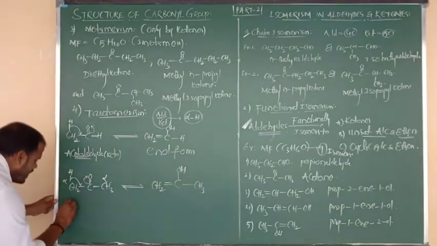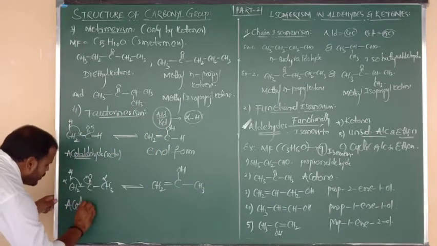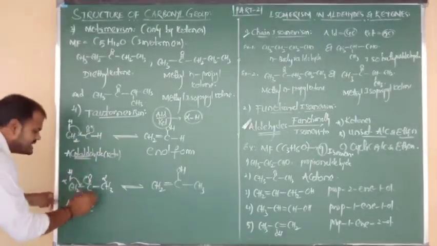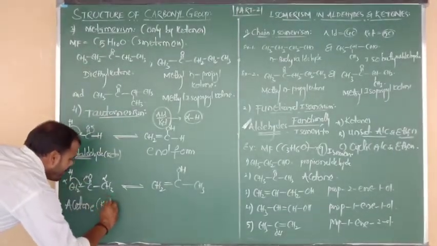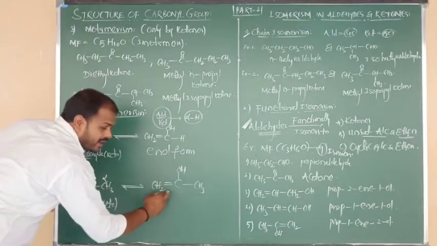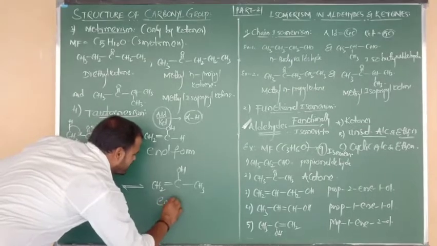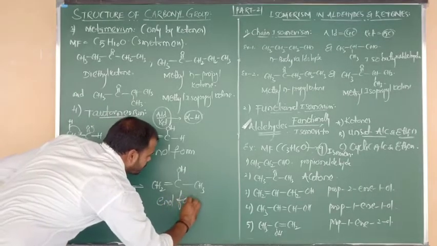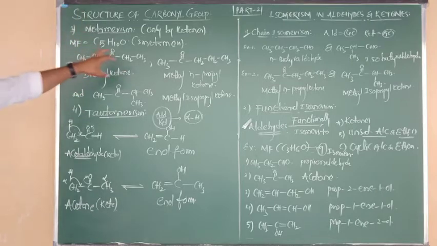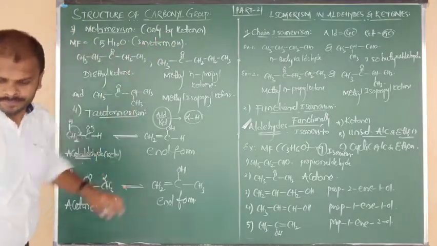CH3. So the name of this compound is acetone, and this is also what, beta? Acetone. But for acetone this is the keto form, and for acetone this is nothing but the double bond plus, okay, ene plus ol. So this is nothing but what, beta? The enol form. Once again, look at the board, beta, the complete story about isomerism is there.